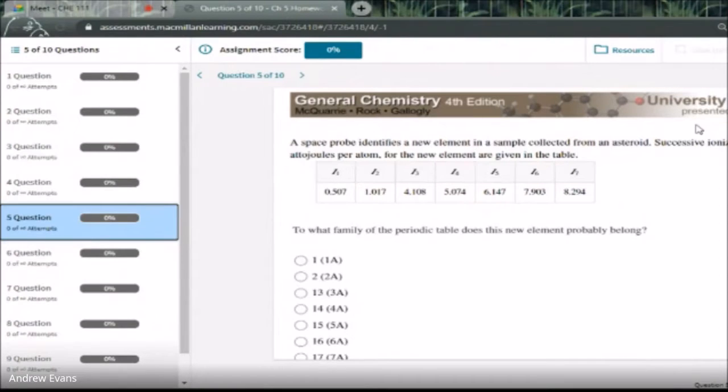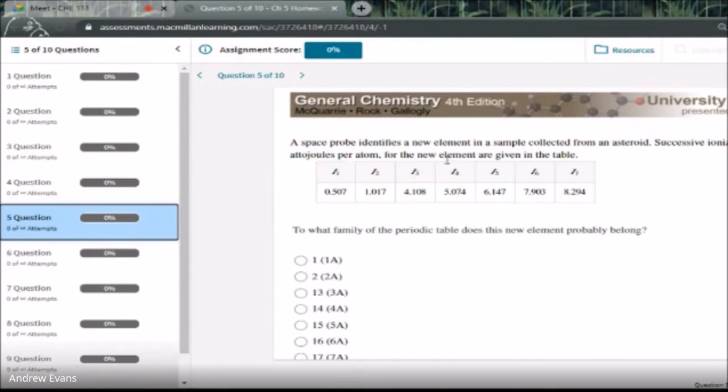Successive ionization energies in attojoules, which is like we talked about nano. Well, you keep going down, you'd have pico, and there's a couple other units, but attojoules is a really, really small unit. But you're talking about attojoules per atom. So it's a really small unit, but we're talking about individual atoms.